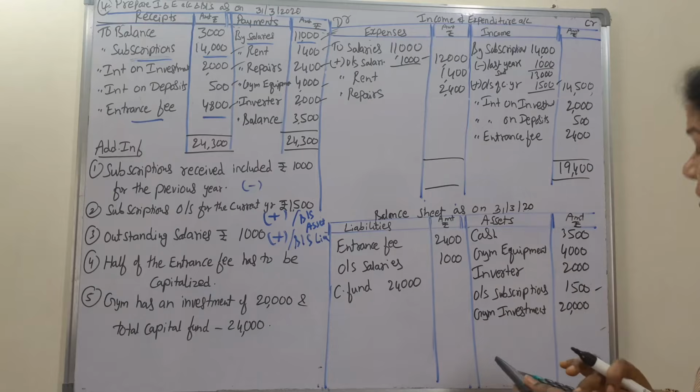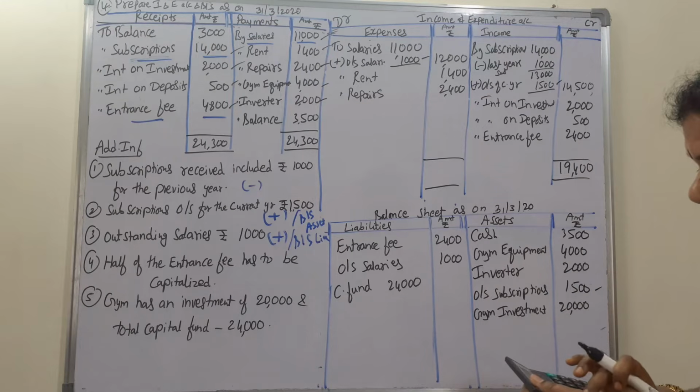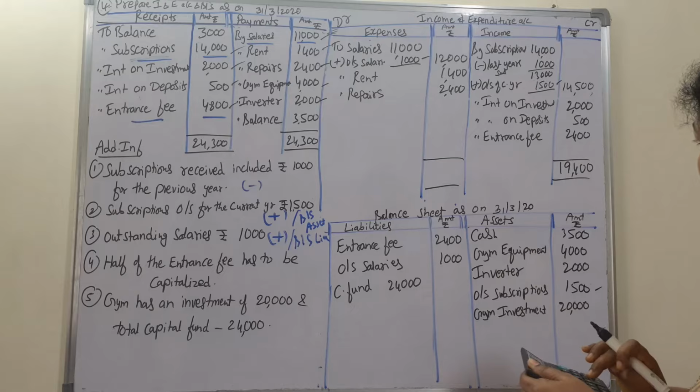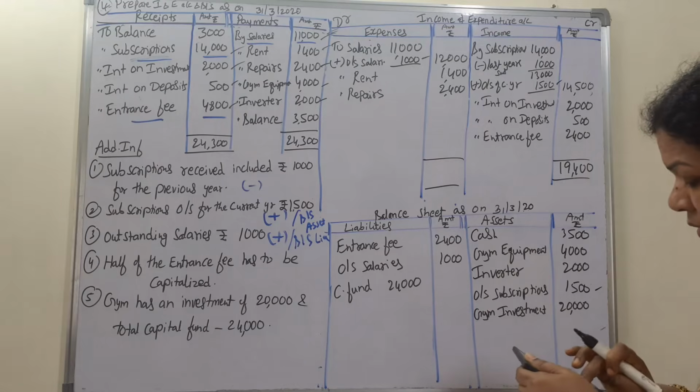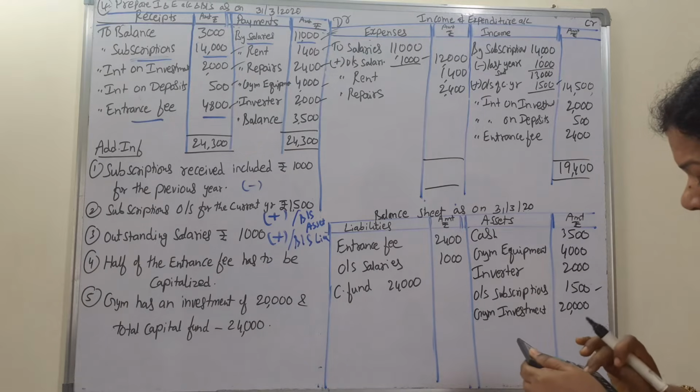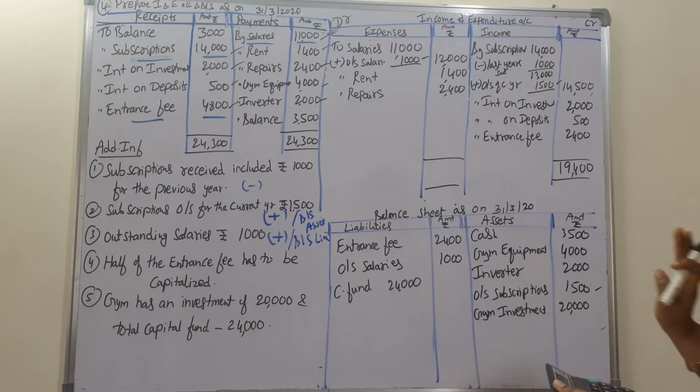Am I right? Let me check it out. 14,500 plus 4,400 plus 500. Yes, 19,400.